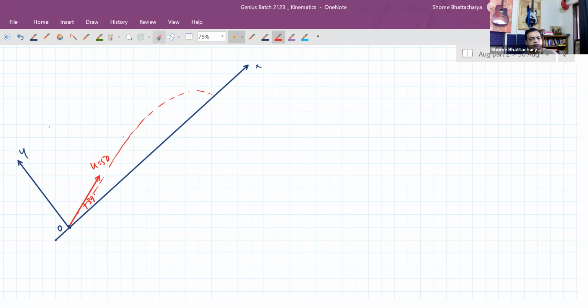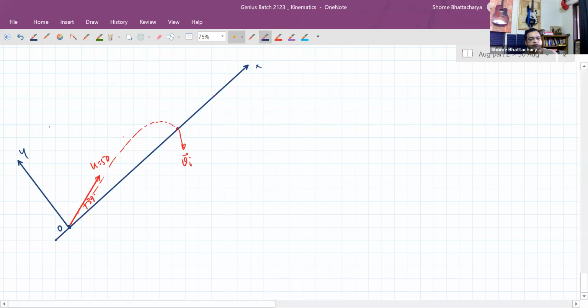So at the time it's making impact, having crossed the peak point, its velocity vector is something like this.